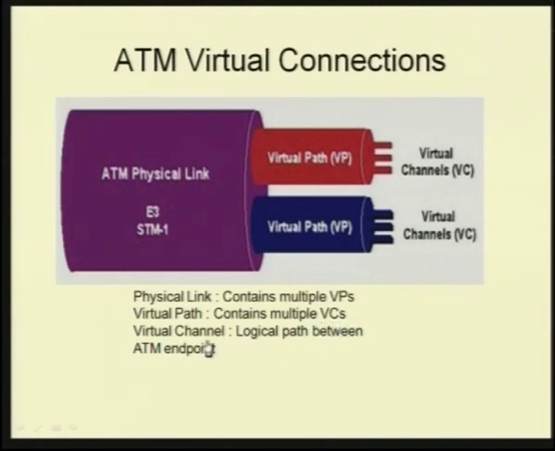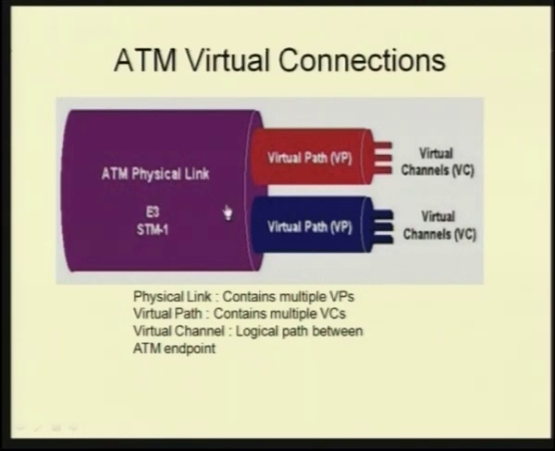The virtual channel actually provides the logical path between the ATM endpoints. Between two endpoints we establish a virtual channel, multiple such virtual channels are put together to form a virtual path, and multiple such virtual paths are carried in a single physical link.